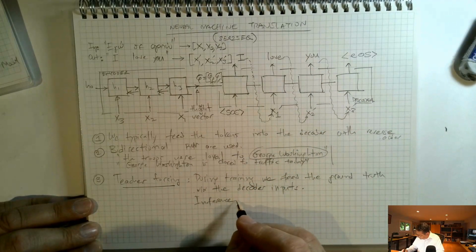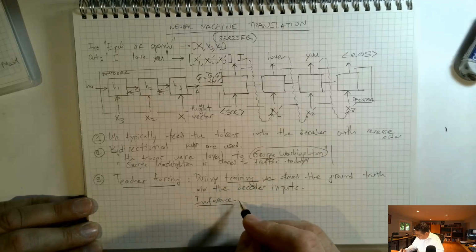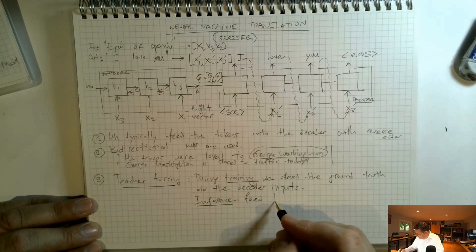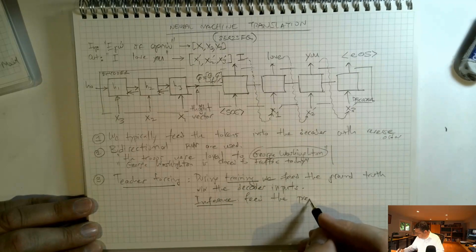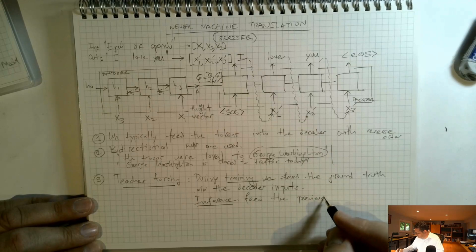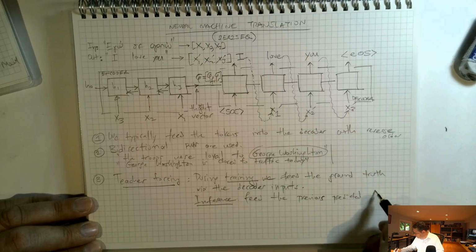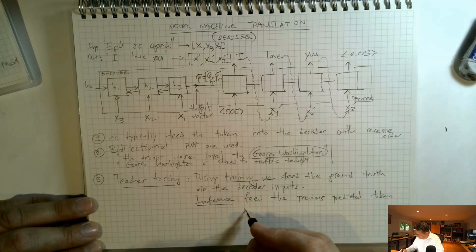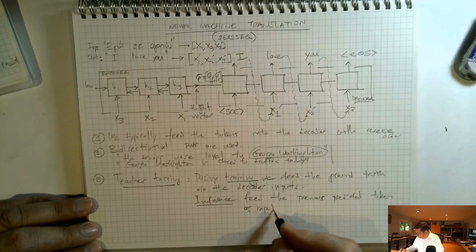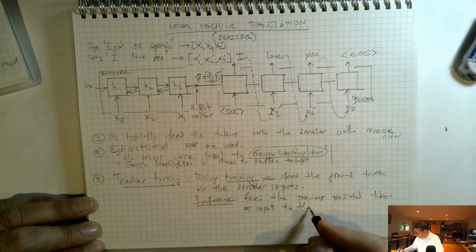So during inference, feed the previous predicted token as input to the decoder.